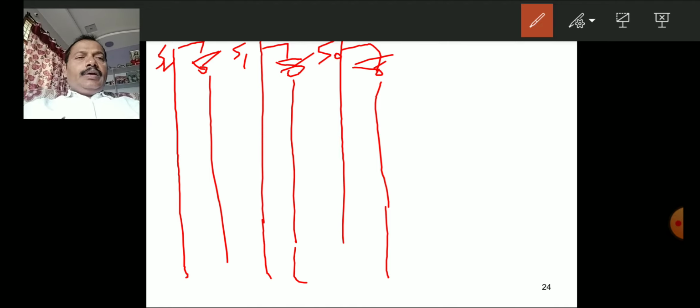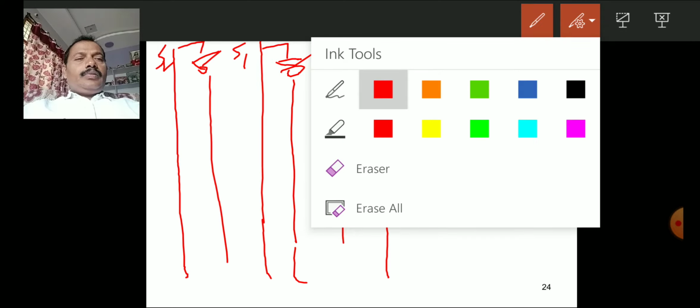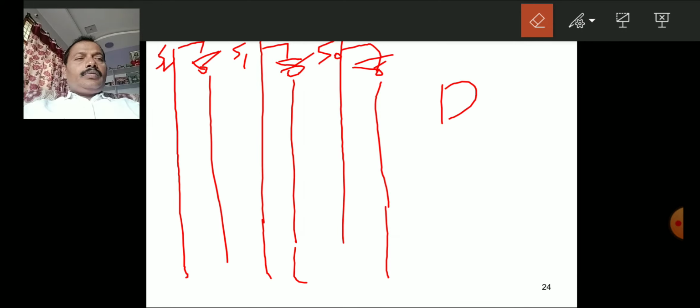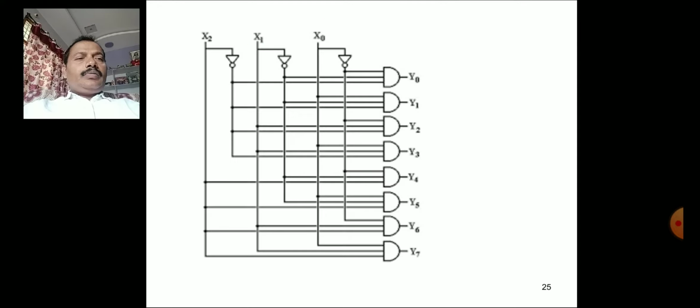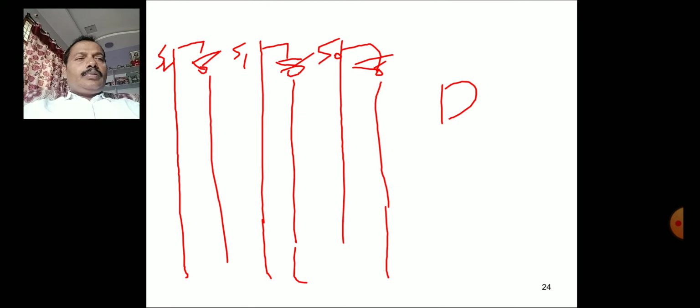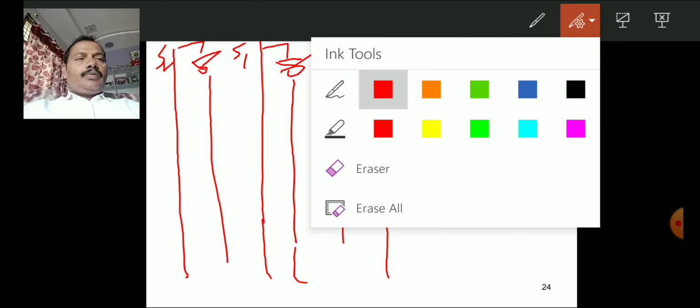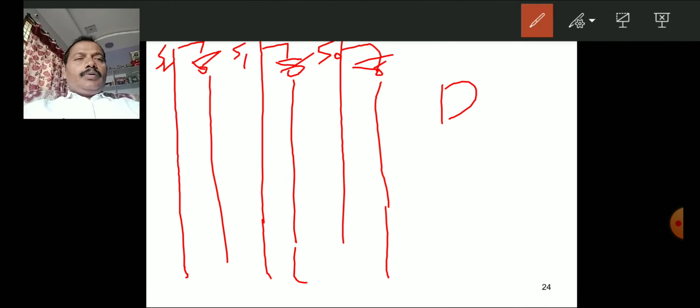Observe here. Let me draw Q0 output. So this is the Q0.